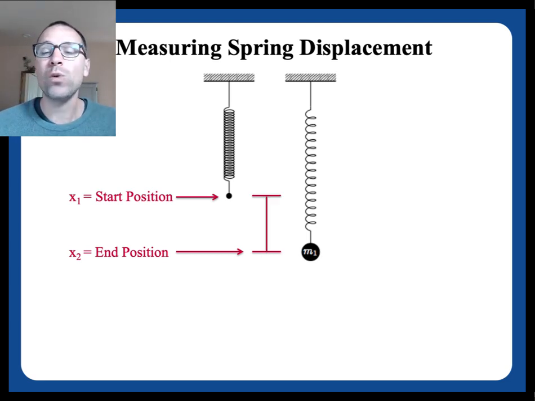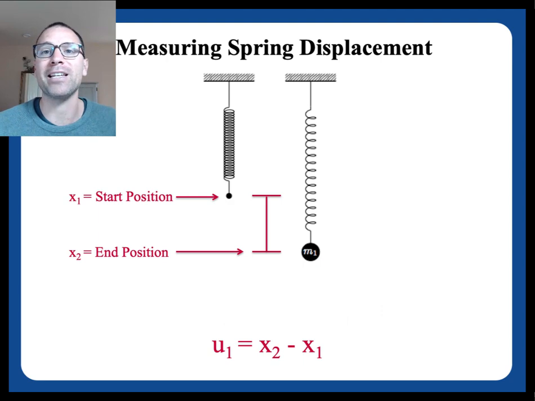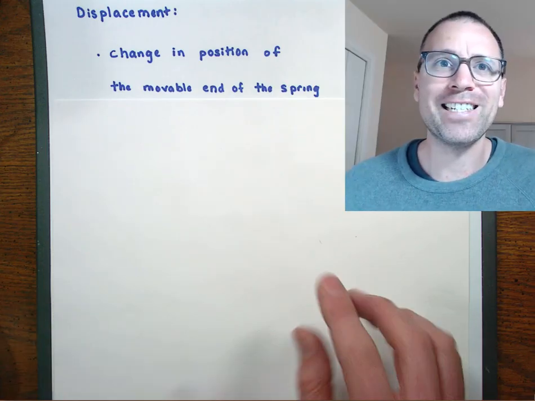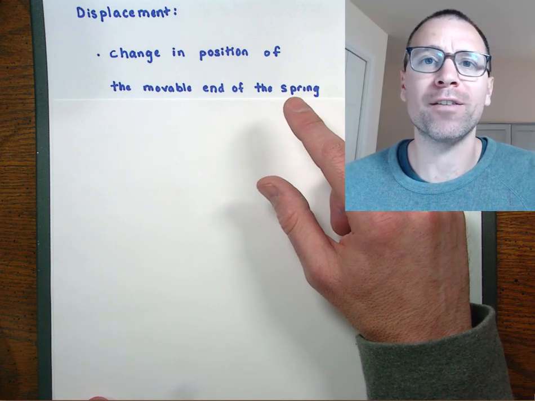The difference between those we're going to call the displacement. So the displacement is the end position minus the start position, and in mathematical variables we say that the displacement associated with that mass is x2 minus x1. With this, we've defined the idea of displacement as the change in position of the movable end of the spring.